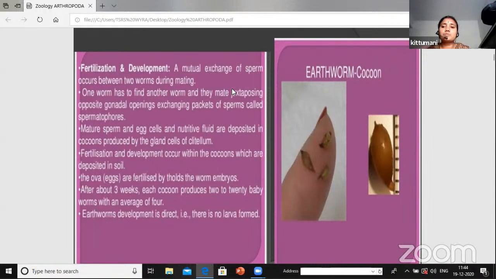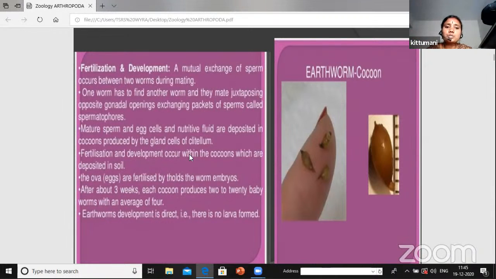The 2 earthworms mutually exchange sperm through their genital pores. One worm fits against the other worm, and they exchange sperm from the spermatophores, which open to the outside.